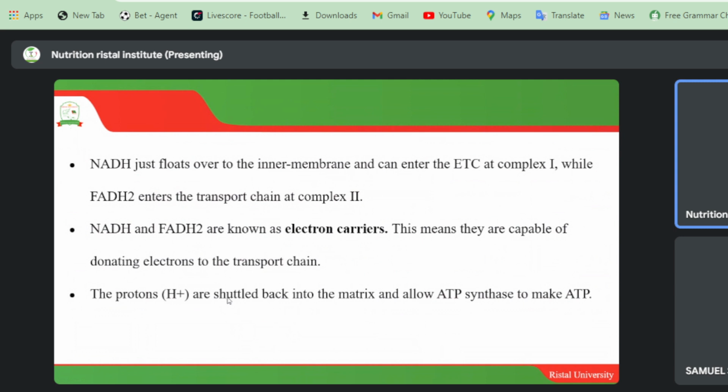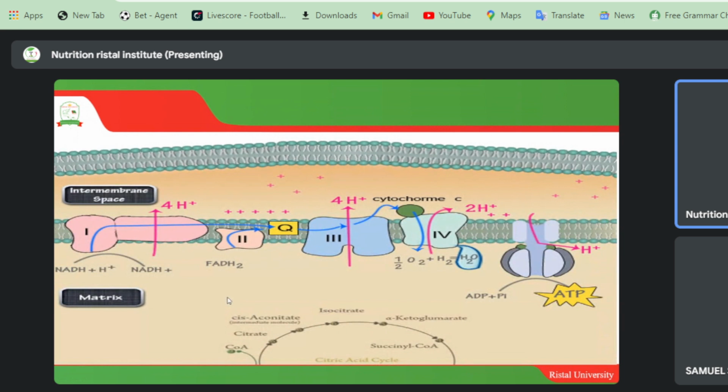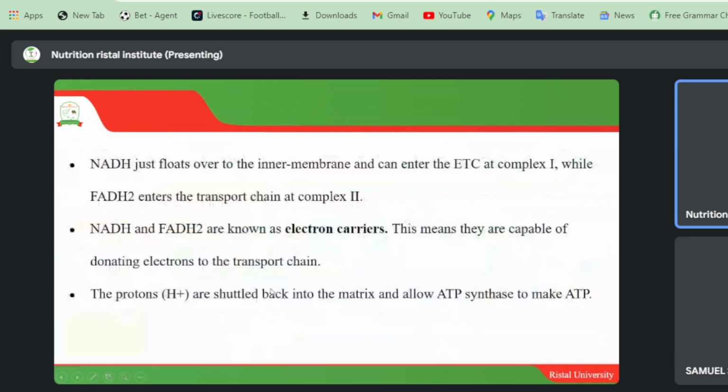So they donate electrons: NADH donating to complex 1 and FADH2 donating to complex 2.